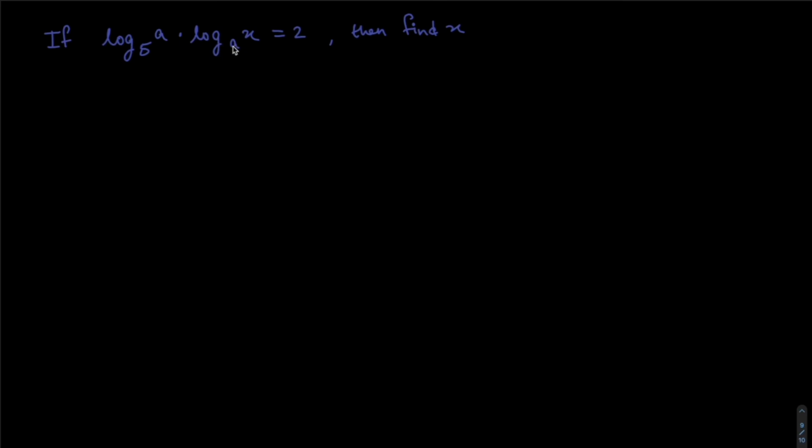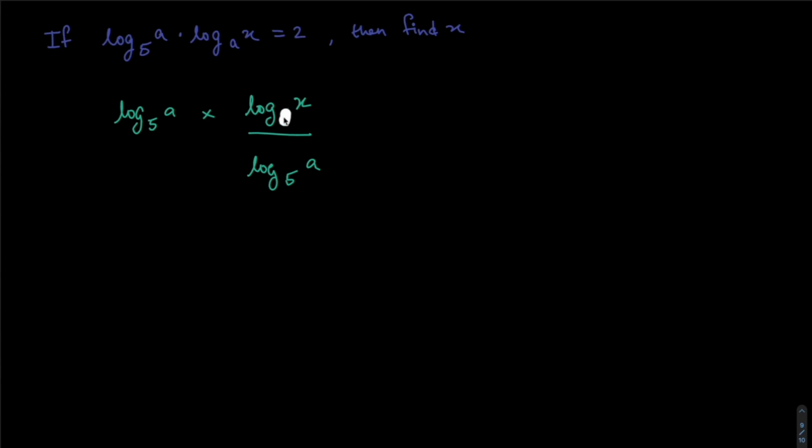So what I can see is that there's an a here and an x here. So what I'm going to do is break this apart, using one of the latter properties. So I'm going to write log base 5a times log base 5x upon log base 5a. Remember that property where when I break things apart, I keep the same base, right?